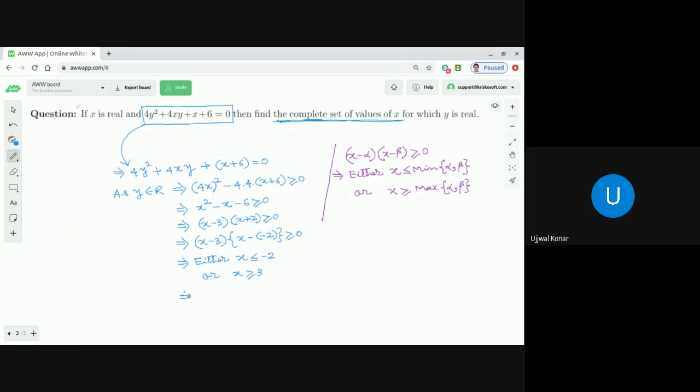If we express this in set notation, x belongs to minus infinity to minus 2. Minus infinity is obviously an open interval, and minus 2 is closed because it is less than equal to minus 2. Union 3 to plus infinity, where 3 is closed and infinity is obviously open. Correct, dear students?